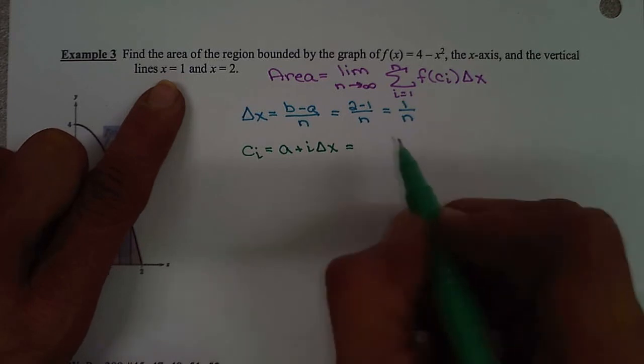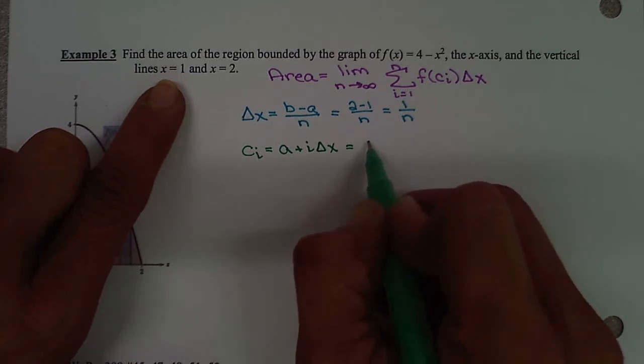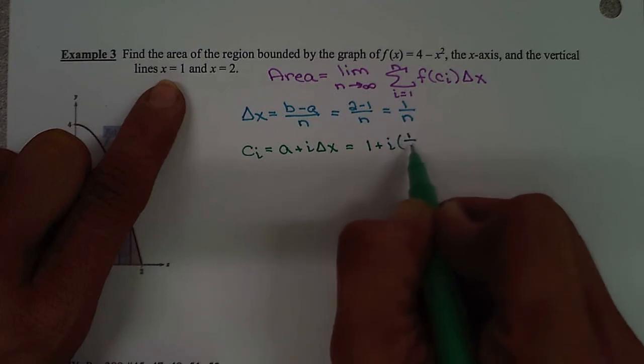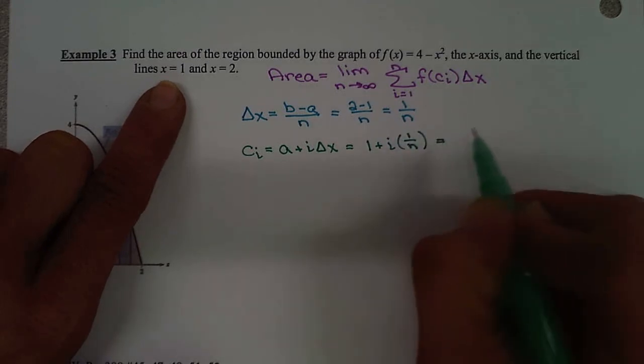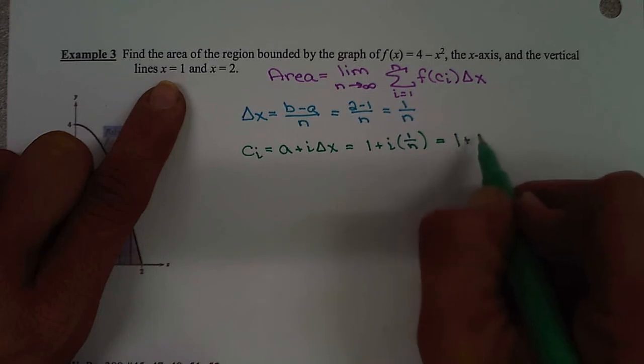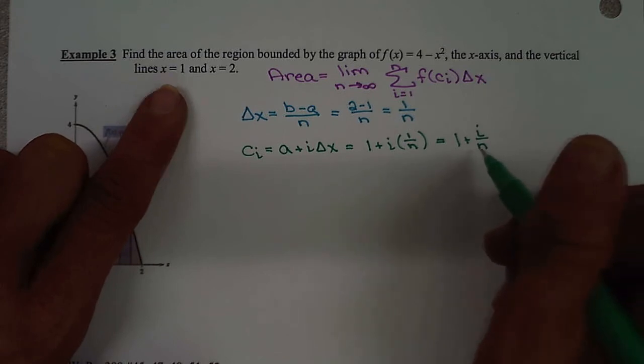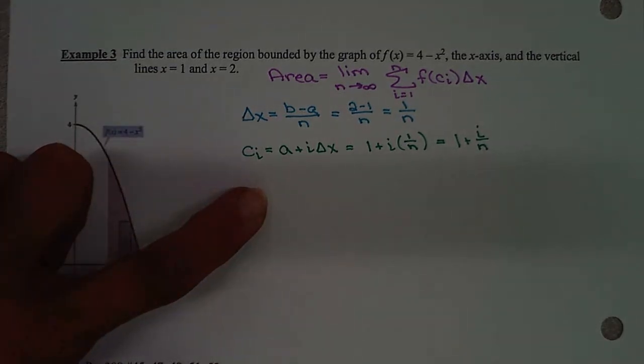This time I'm starting at 1. So this is going to be 1 plus i times a 1 over n, or just a 1 plus i over n. So this one's going to look slightly more complicated when we start plugging stuff in because of this 1 plus i over n.